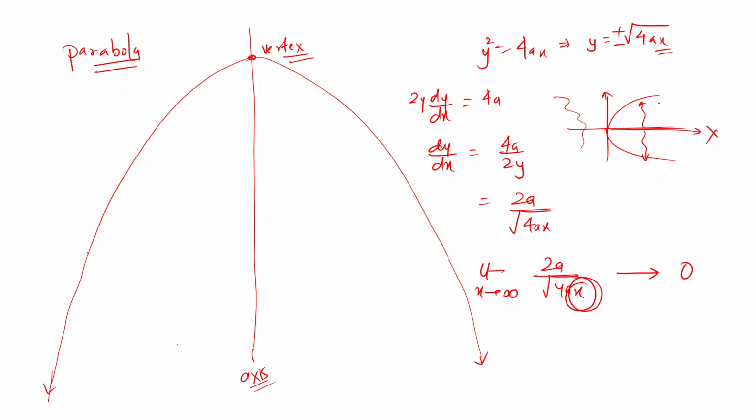On the upward side the slope is getting to 0 positive, and on the negative side the slope is 0 negative, but the slope limits to 0, which means that the parabola is going to get eventually parallel to its axis.